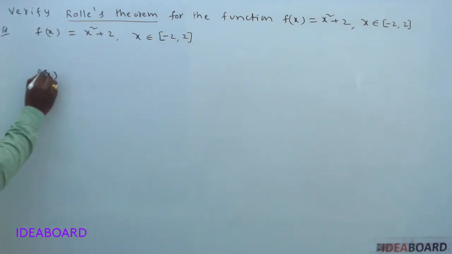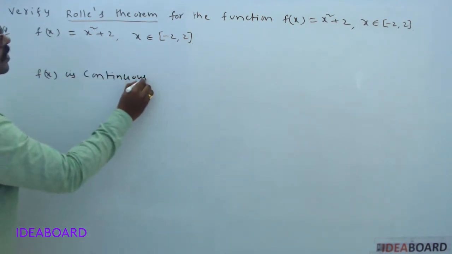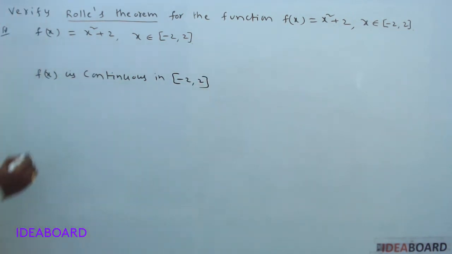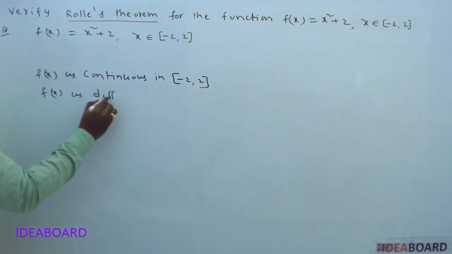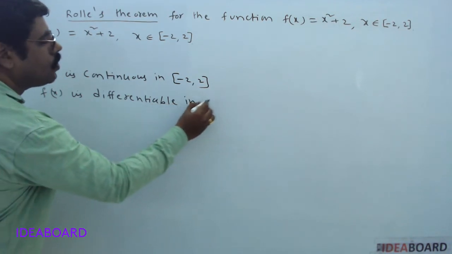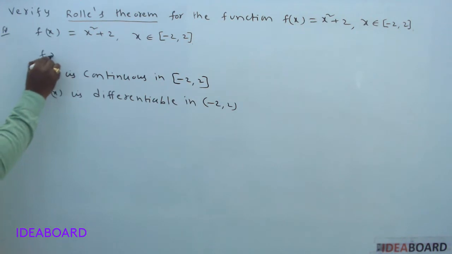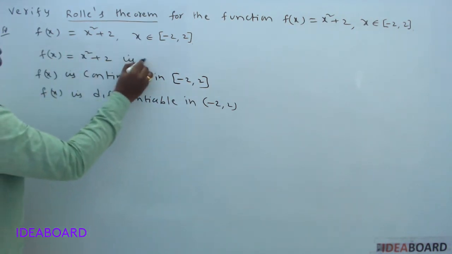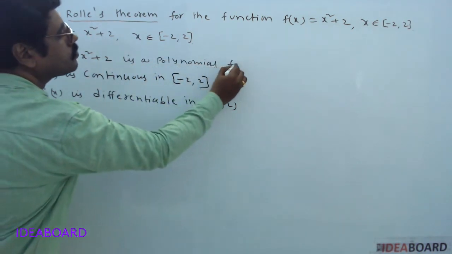F of x is continuous in the closed interval minus 2 comma 2. F of x is differentiable in the open interval minus 2 comma 2. What is the reason? Because f of x equals x square plus 2 is a polynomial function.